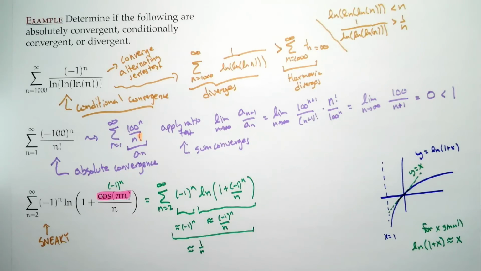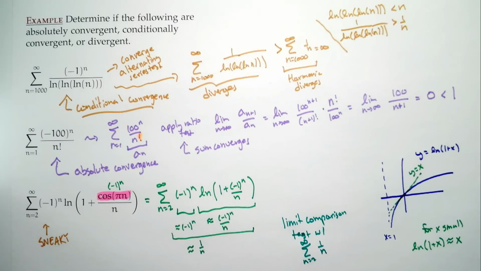All right, now we're almost done, and we'll just do a little bit of hand waving at the end to finish up. If the terms are like 1 over n, then what we would do is run a limit comparison test, and the comparison would be with the series, the sum from 2 to infinity of 1 over n.